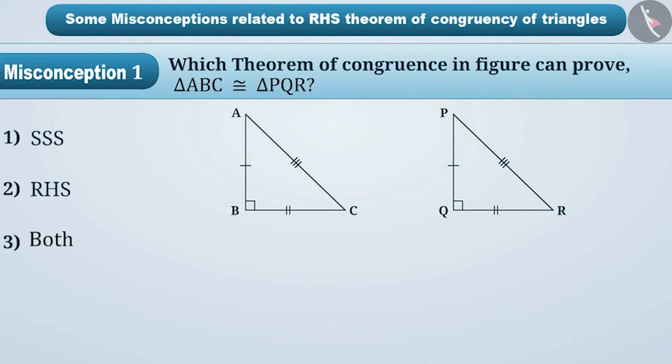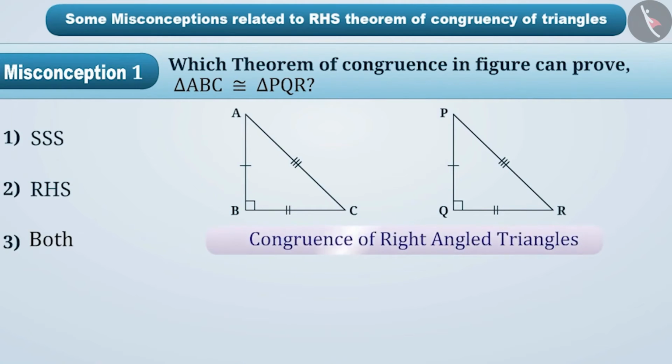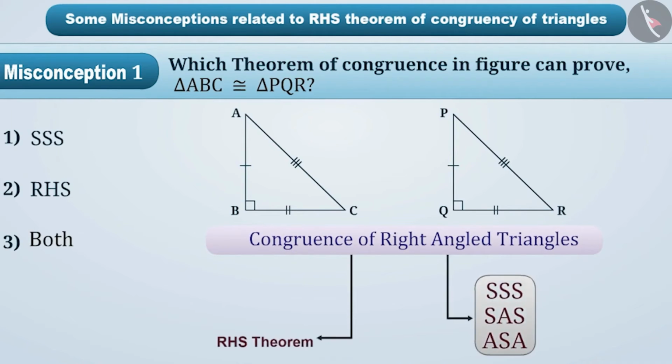Some children have the misconception that only the RHS theorem can be used to check congruency of right-angled triangles and none other can be used.